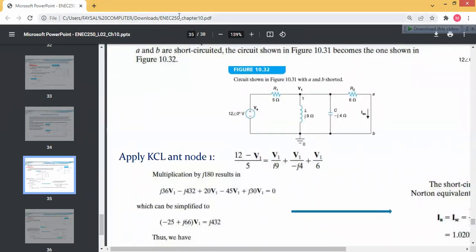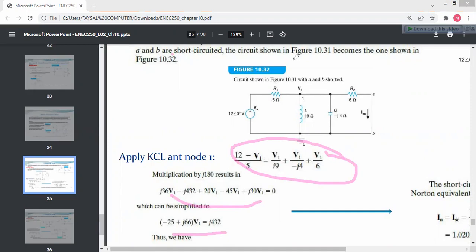By applying KCL, this is the generic form of KCL applied on a given system. Then I have to multiply the values and simplify it.